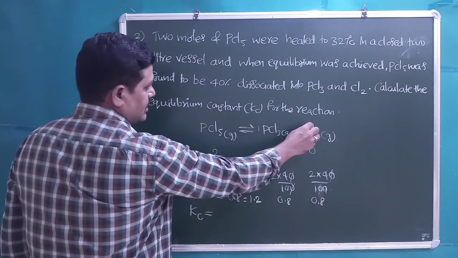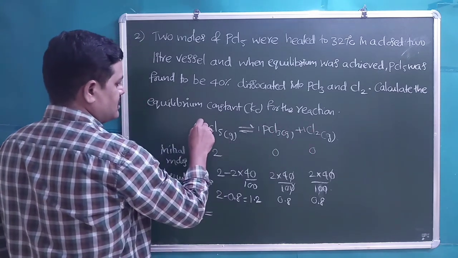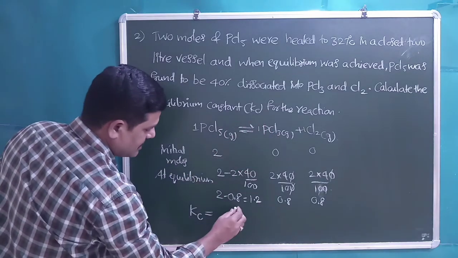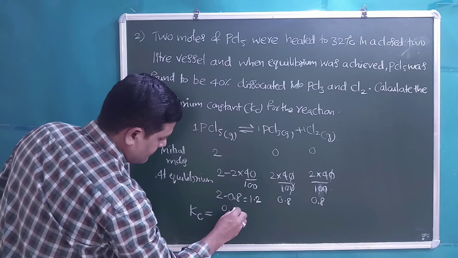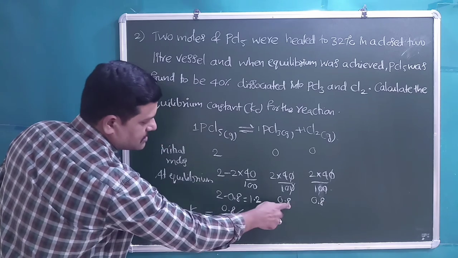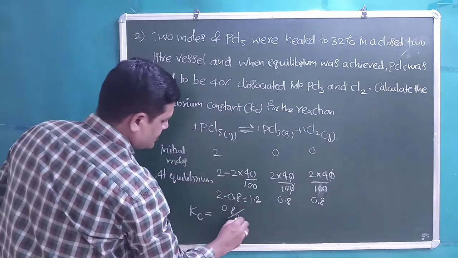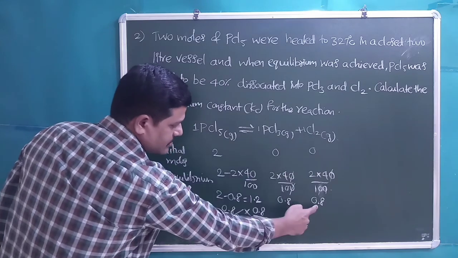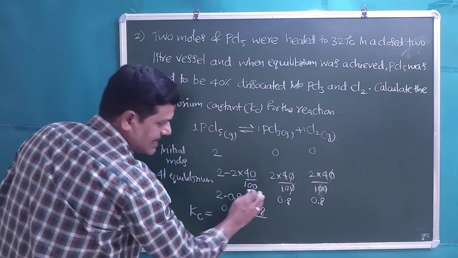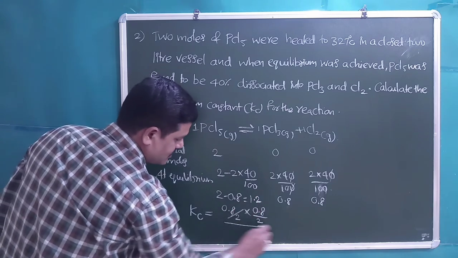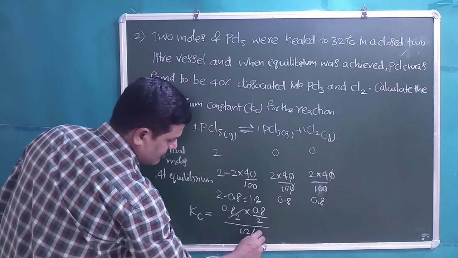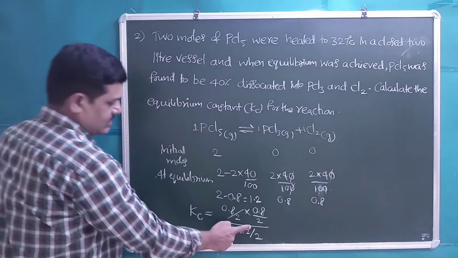No need to consider the stoichiometric coefficient here, because it is 1. PCl3 active mass is 0.8 divided by 2 liters, into 0.8 for Cl2 also, divided by 2 liters. For PCl5, 1.2 moles divided by 2 liters, right?